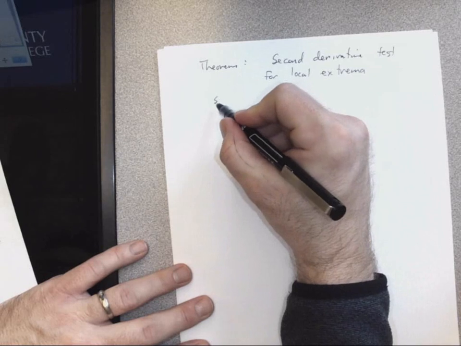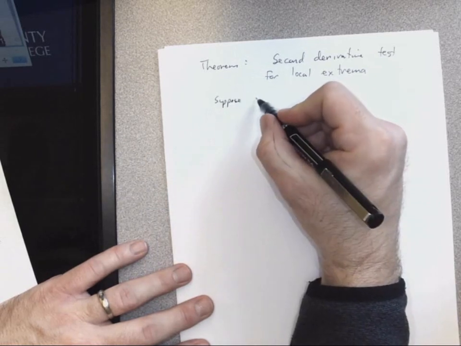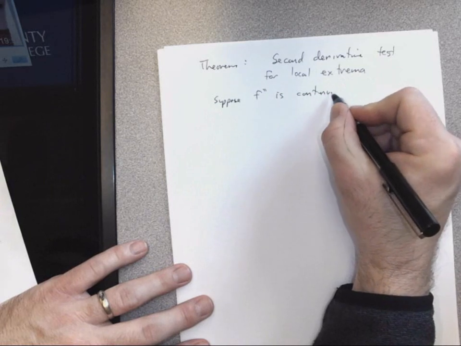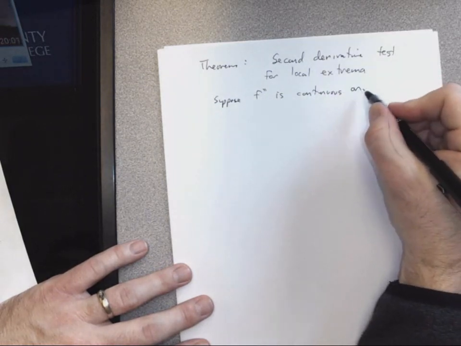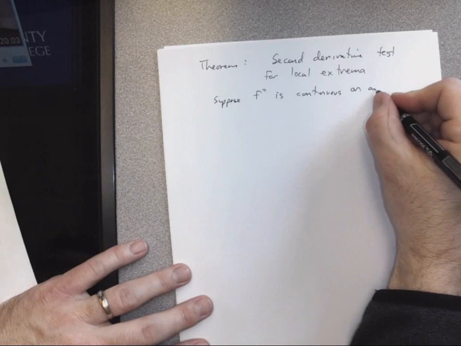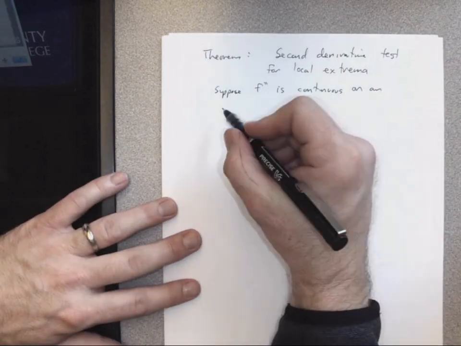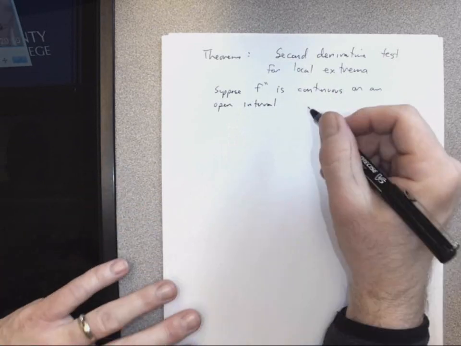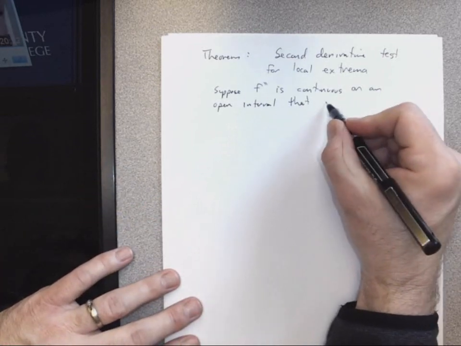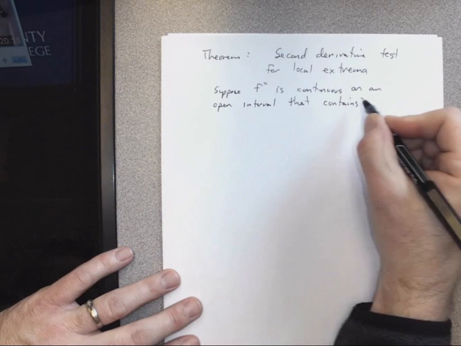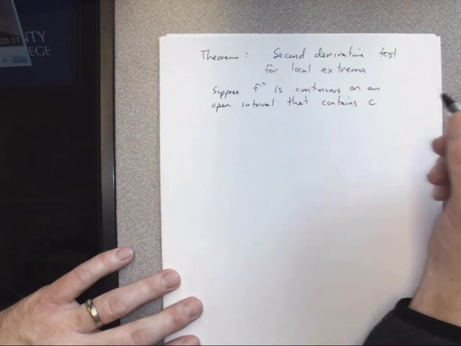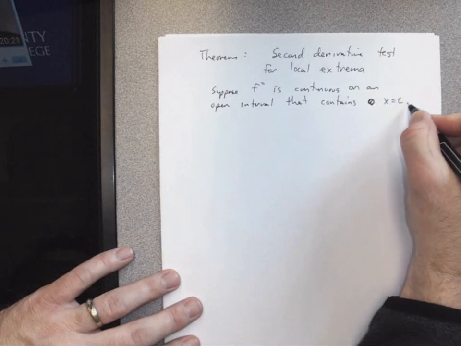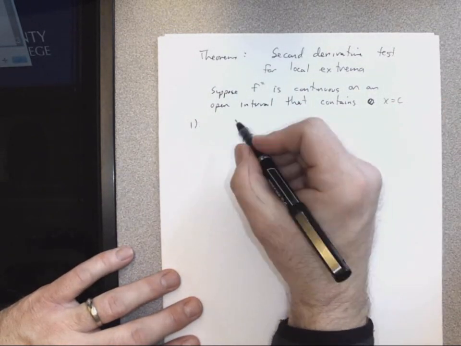So suppose f double prime is continuous on an open interval that contains C. Let's say x equals C. 1.